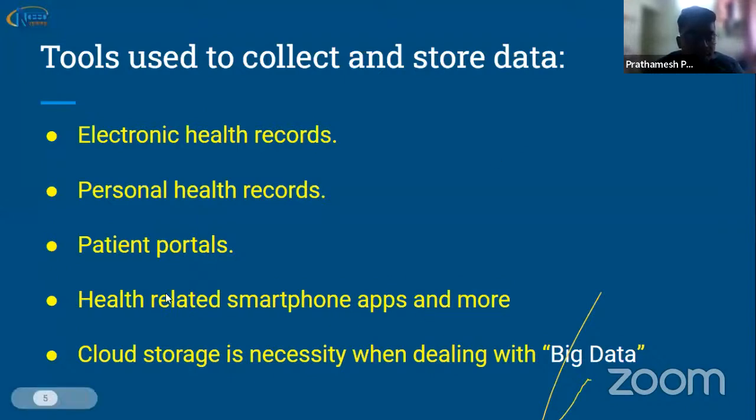So in the healthcare industry there is a huge amount of data, with huge velocity, coming from different sources, like I already mentioned. So normal, ancient storage systems do not work in the healthcare domain. There is a need for cloud storage when dealing with big data.